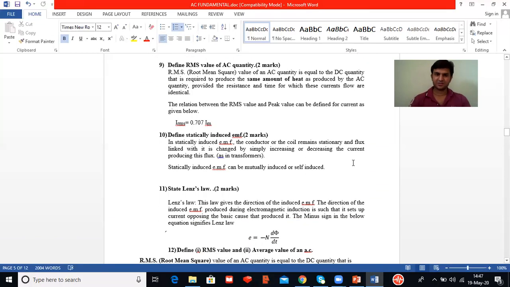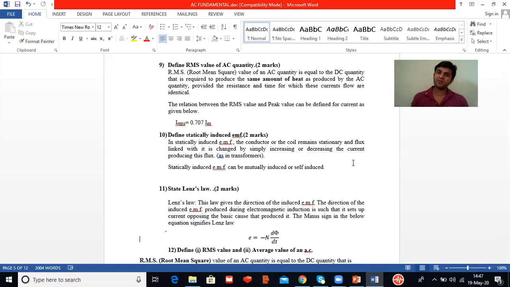The next question is define the terms: the RMS value of an alternating quantity. RMS value is nothing but the root mean square value. When a steady state current or DC current is passed through a circuit, it produces heat.